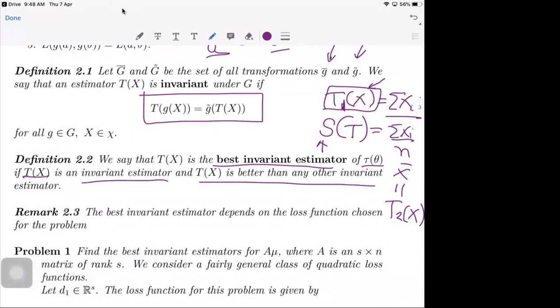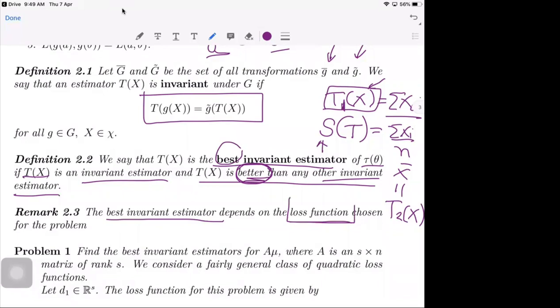So how do we measure that T of X is better than any other invariant competitor? So the competitor is also invariant, but in what sense is it better? So the better or the best will be measured in terms of a loss function.